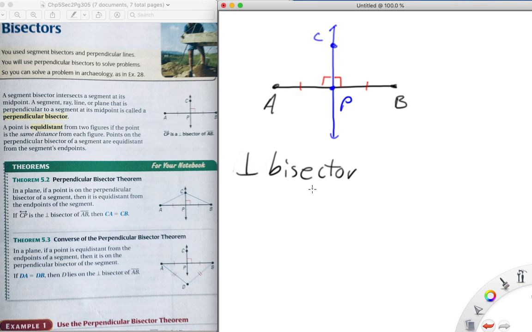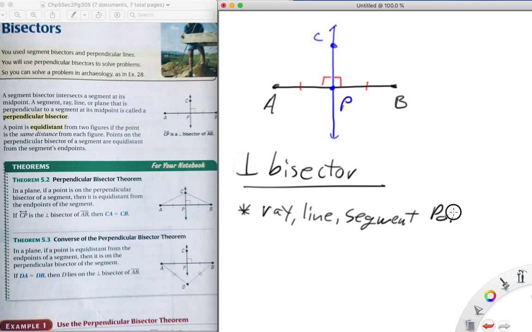So let's just call it perpendicular bisector. It does two things. Well, it can either be a ray, line, segment, or point. I guess it could also be a plane.